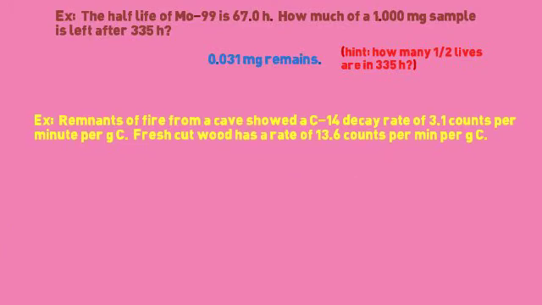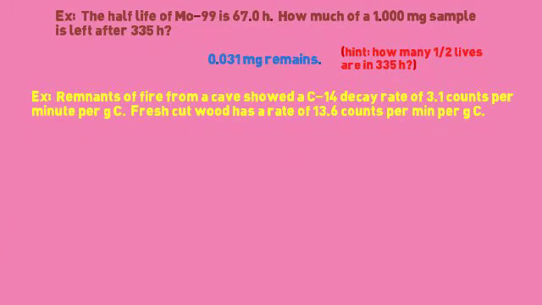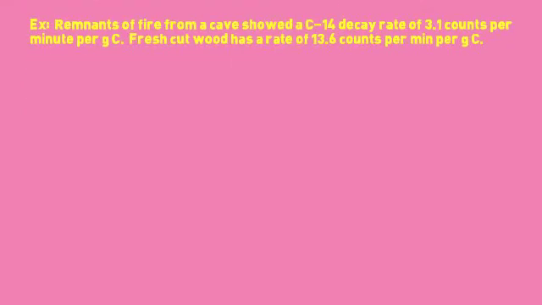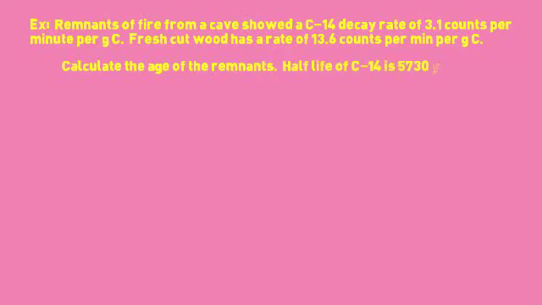Now, the remnants of a fire from a cave showed a C-14 decay rate of 3.1 counts per minute per gram of carbon. Fresh cut wood has 13.6 counts per minute per gram carbon. You're going to have to calculate the age of the remnants. You probably need to know the half-life. Half-life of carbon-14 is 5,730 years.